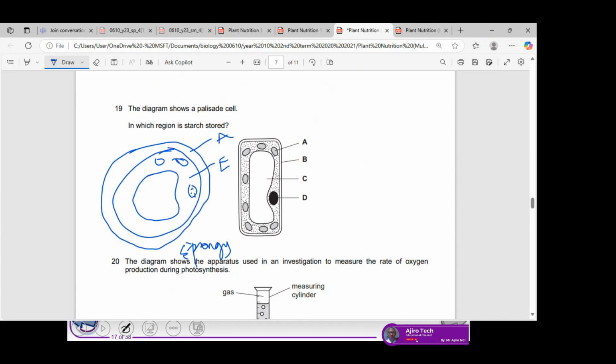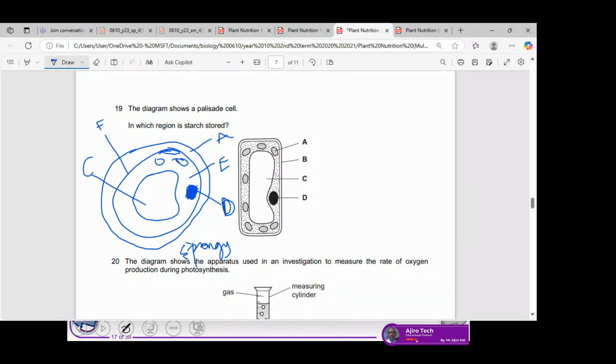A would be the nucleus. I want to just confirm. Which one is the nucleus now? D is the nucleus.